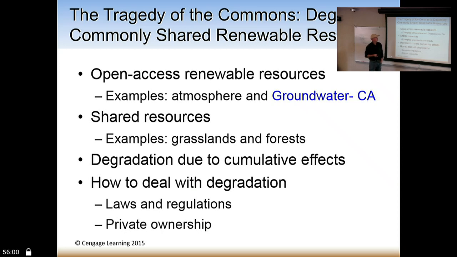Tragedy of the commons, really important. You've got open access to renewable resources. Okay, so let's focus on groundwater. Theoretically, around here, the groundwater, our water basin, belongs to everyone. If this is my land here, this classroom, I can sink a well and I can pull out all the water.